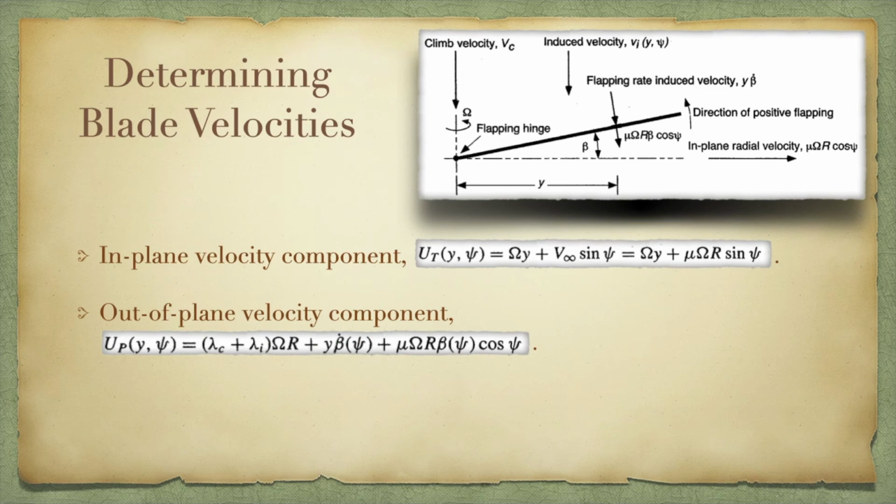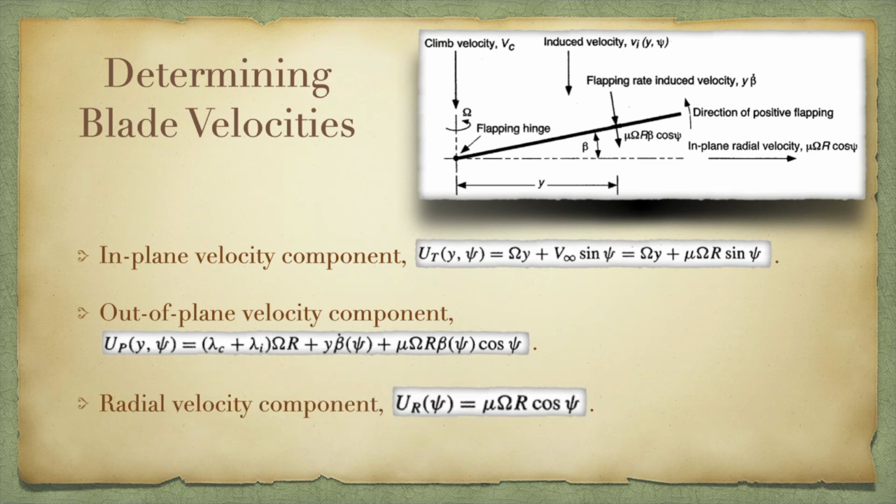Thus you get the out-of-plane velocity component. Also, there is a radial velocity component parallel to the span axis of the blade, and this is given by UR equal to mu omega R cos psi. UR is a function of psi.